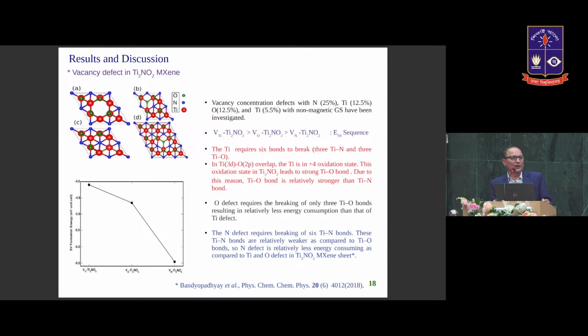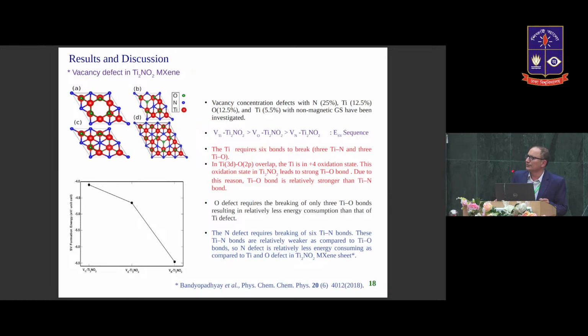Similarly, this is the strain one, and after using the vacancy defect, we use for the structural stability that formula, the previous formula, whatever we discussed in the methodology section. There we observe this one. This is the 25% N vacancy.